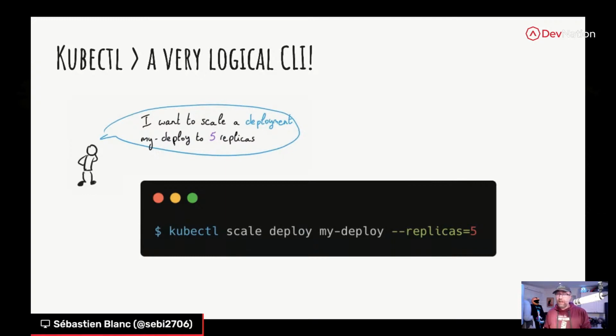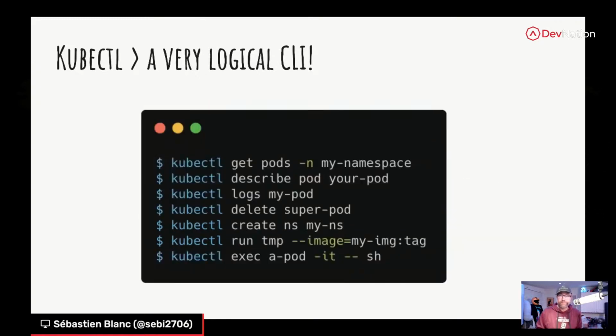Kubectl scale, so I say, I want to scale a deployment that is called my deploy, and I want 5 replicas, okay? So it's a really natural way of telling stuff to your cluster. Here you have a list of different stuff that you can do. I don't want to lose too much time on the slides because, of course, I want to spend time on the demo.